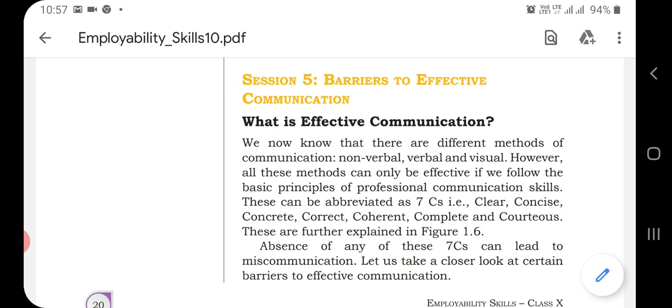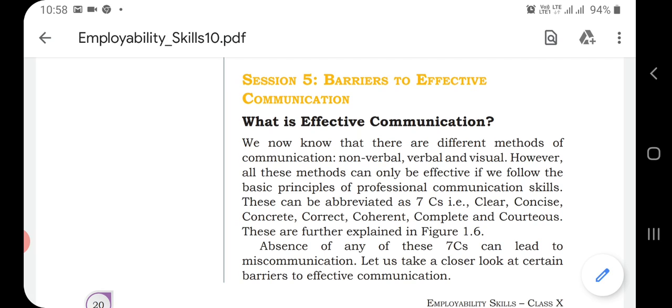As we know, whenever we are talking formally, whenever we are at some professional place where we need to be professional, there is a standard code of conduct, which means we are expected to talk in a very professional way. For that, a few principles are there, and if any one communication principle is missing, then what will happen?